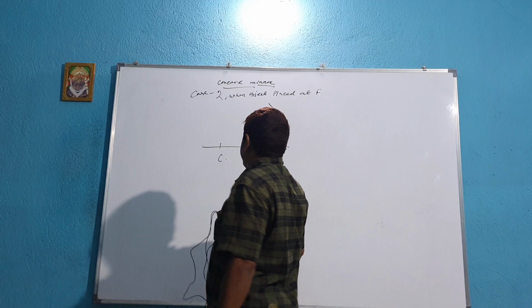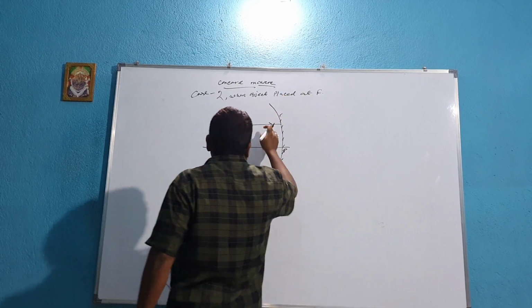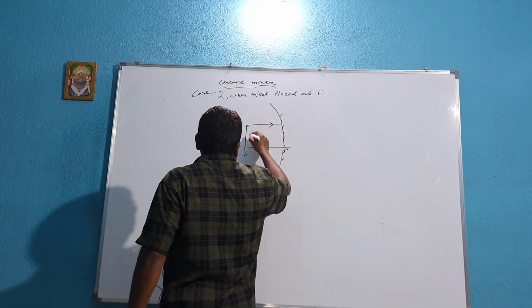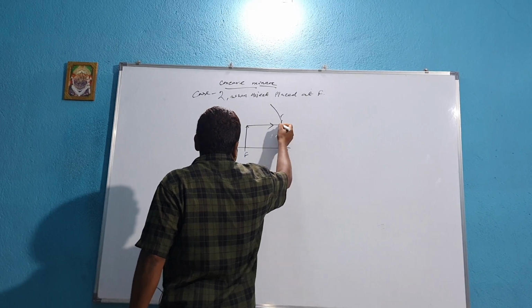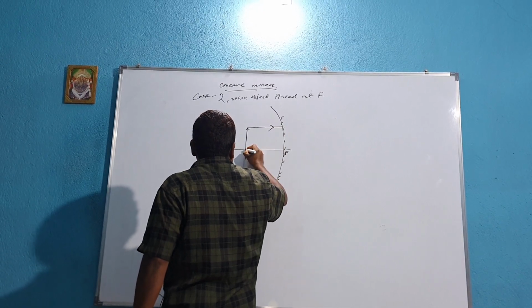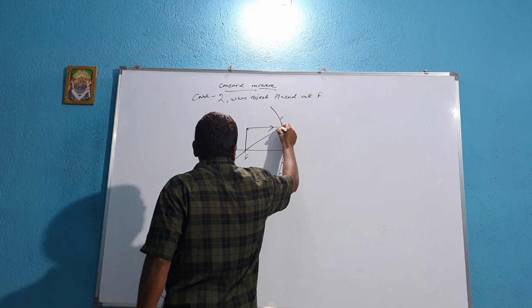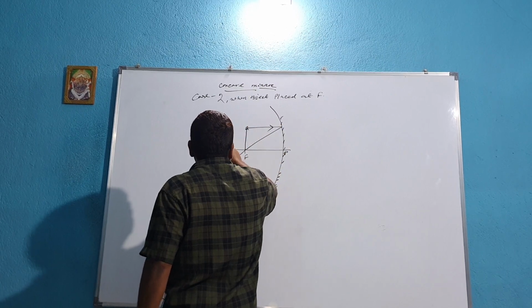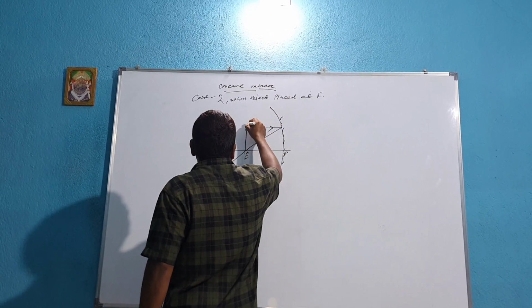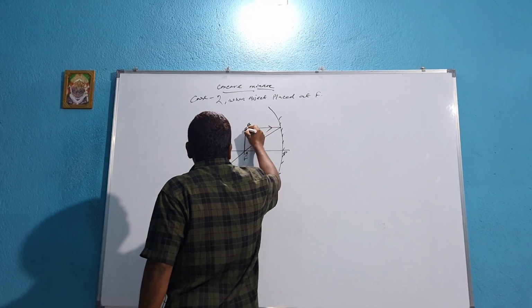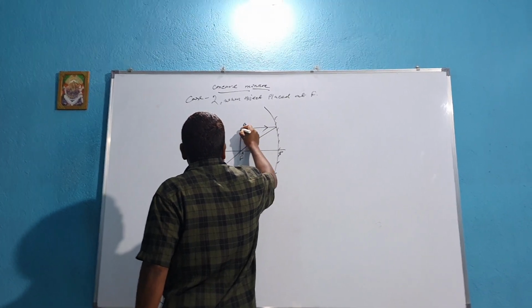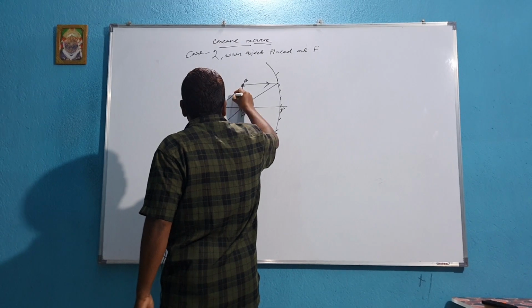This is the parallel line, and according to the rules, when the line is parallel to the principal axis, it passes through the focus. And another one is drawn from center of curvature to the head of the object.